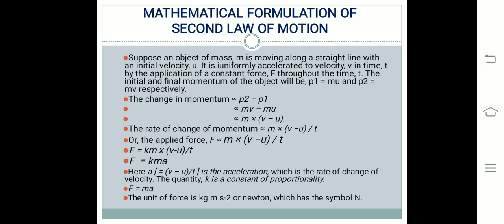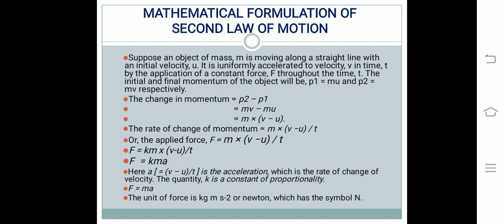Moving on to its mathematical formulation, let us take an object of mass m which is moving along a straight line with an initial velocity u. It is uniformly accelerated to velocity v in time t by the application of a constant force F throughout the time t.